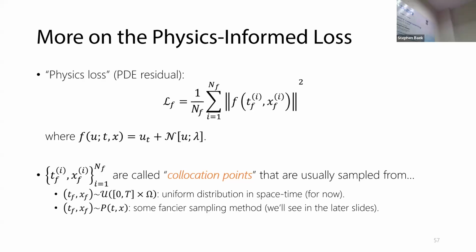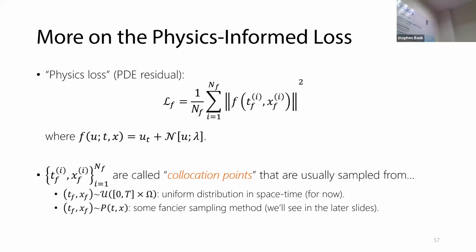Somebody asked, what is the distribution of those collocation points? Usually we consider the uniform distribution in space-time. What that means is, whatever the time interval is, and whatever your physical domain looks like, your best bet is to just uniformly sample points in that space-time accordingly. There are some fancier methods, like I said earlier, to sample the collocation points.